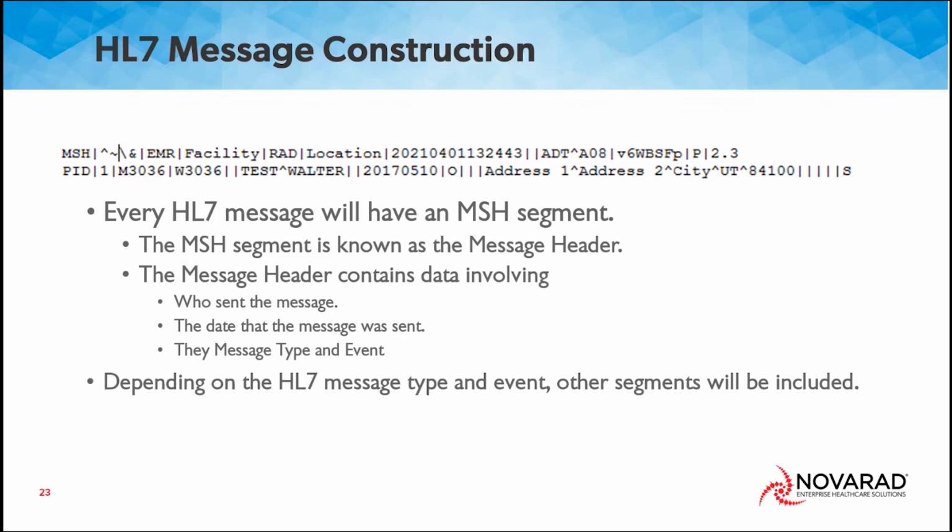It gives his birth date. It gives his address. It tells whether he's male or female, if he's single or married, what his mother's maiden name is, and there can be a ton of stuff within that PID segment. Much of which you don't see on this screen because this is just a very simple message.